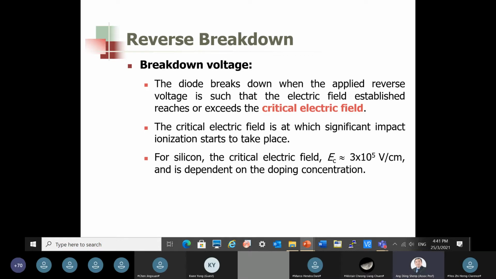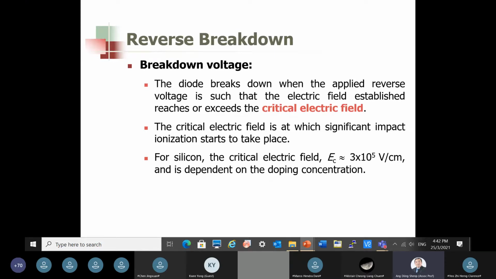A scattering event is an event where the charged particle, electron or hole, loses its energy. So with more scattering due to more doping impurities, the process by which the charge carriers gain high kinetic energy is less favorable. The critical electric field will therefore tend to be higher when the doping concentration is increased.